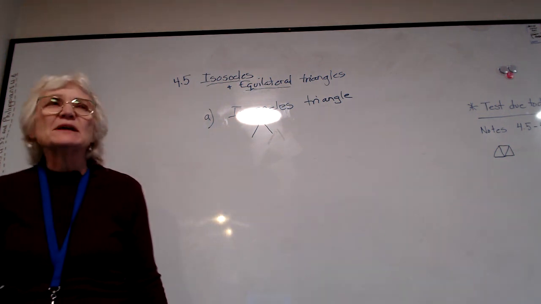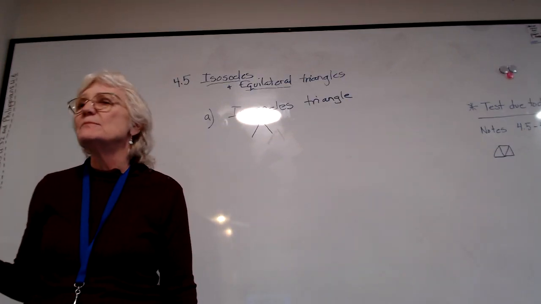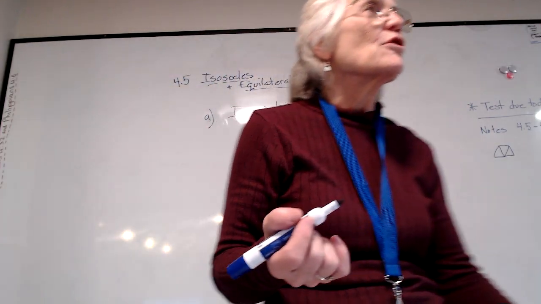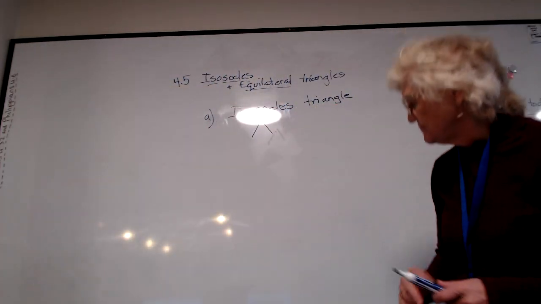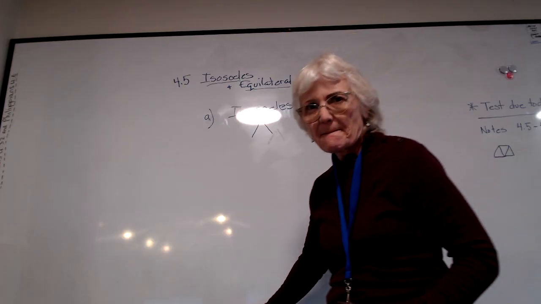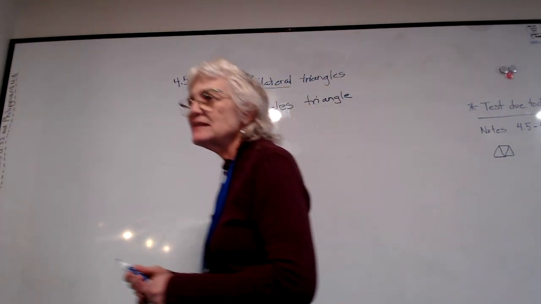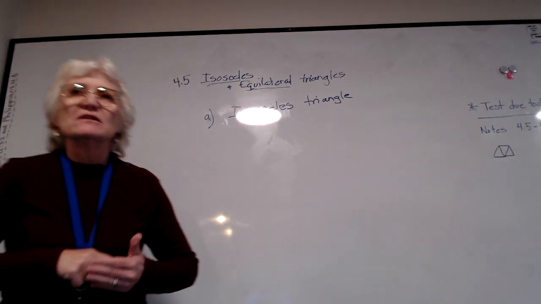You're making two equal sides. You don't have to measure a specific angle. You just need two equal lines, and then connect them and make a triangle.